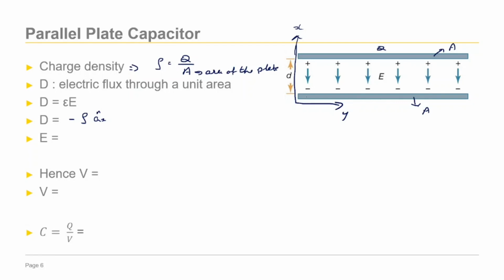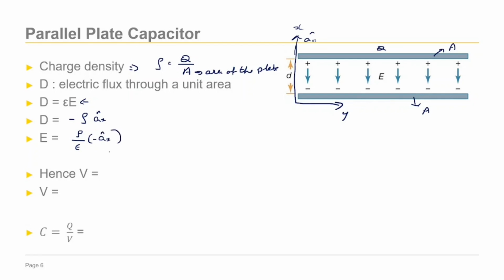So if you take a look, AX is upward because the unit vector is going upward, but you see that the electric field is coming downwards, so it is in the minus AX direction. You can intuitively understand that from the figure, and applying this expression that D is epsilon E, our electric field here is going to be given as rho by epsilon in the negative AX direction.